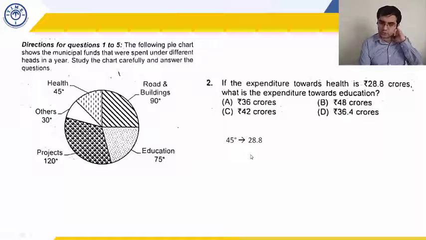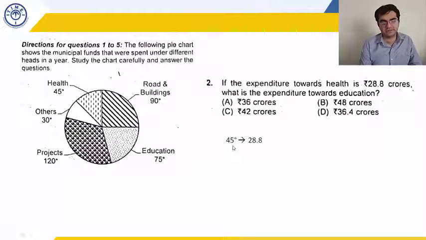Okay. So the long route would be 45 degrees is 28.8 CR. So you divide by 45 to get 1 degree and multiply by 75 to get 75 degrees. It's unnecessary.